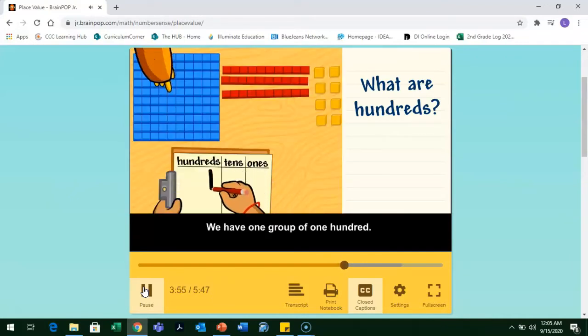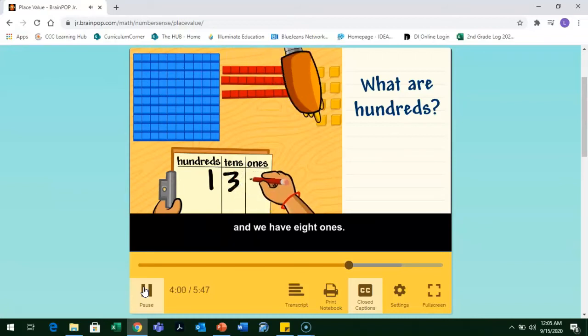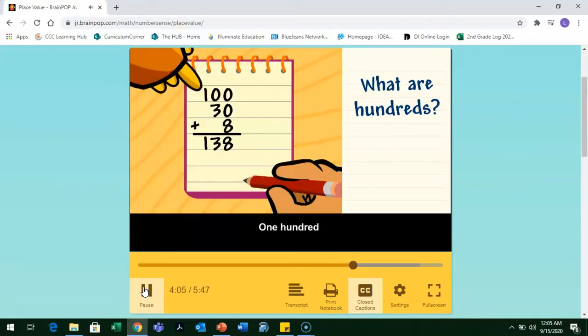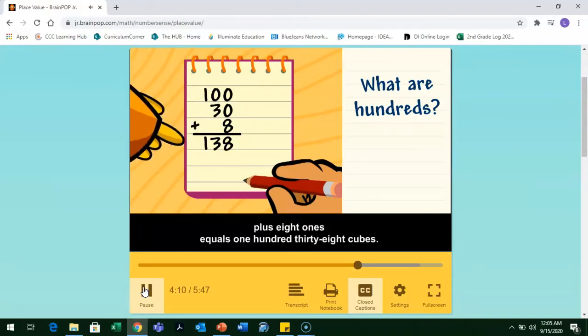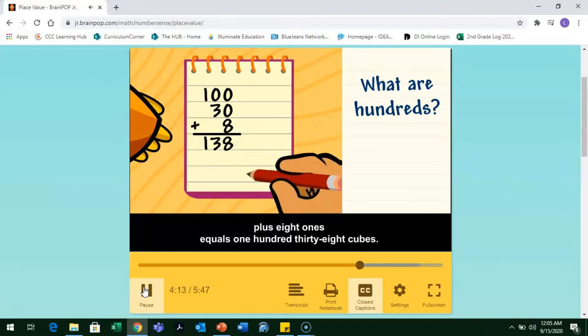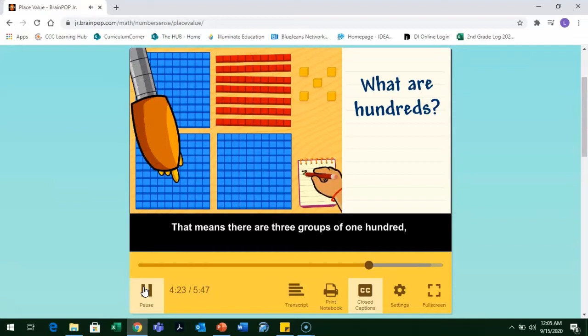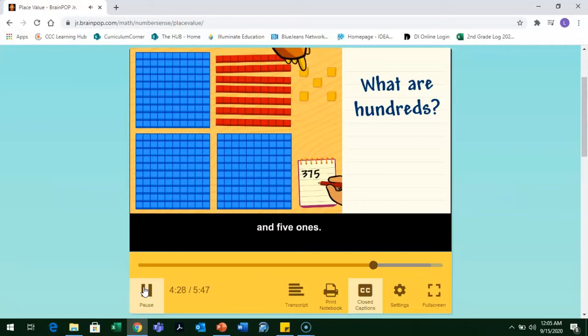We have 1 group of 100, we have 3 groups of 10, and we have 8 ones. 100 plus 3 tens plus 8 ones equals 138 cubes. That puzzle has 375 pieces. That means there are 3 groups of 100, 7 groups of 10, and 5 ones. So that makes up 375.